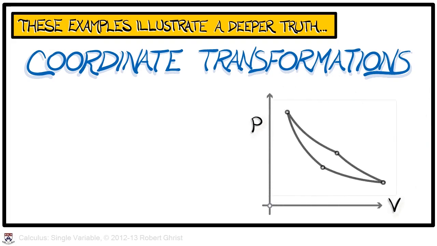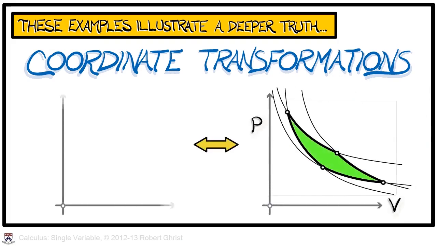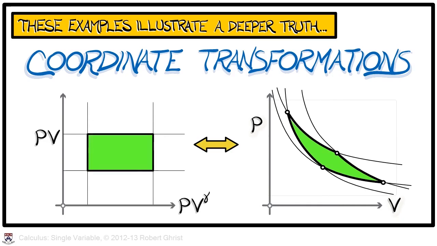Likewise, in the problem that we didn't solve about thermodynamics, the right way to solve that problem is to change to a new coordinate system in which the associated shape becomes a rectangle. That will make things easier to handle.